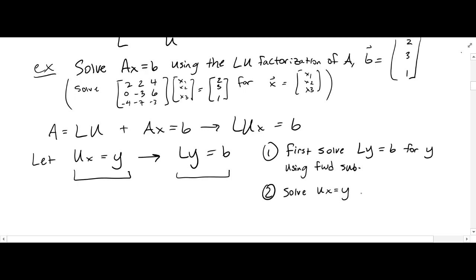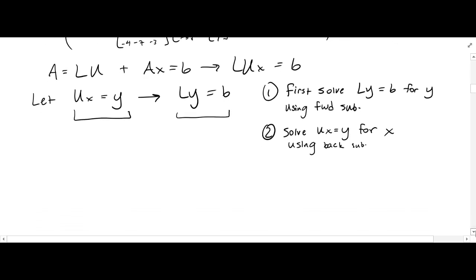And then once we have Y, we can solve UX equals Y for X using backward substitution. So starting with LY equals B, our L matrix from before was this matrix.